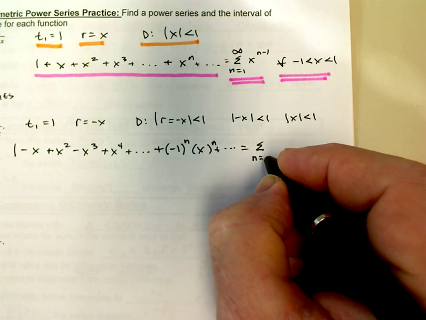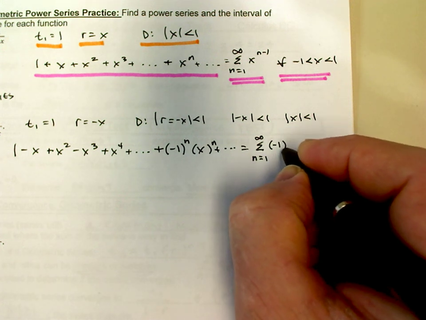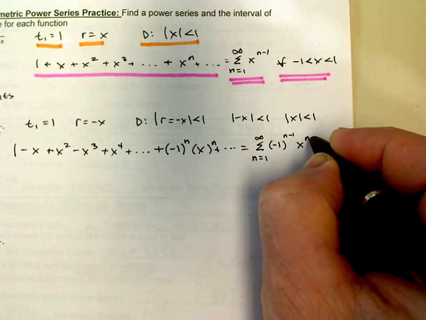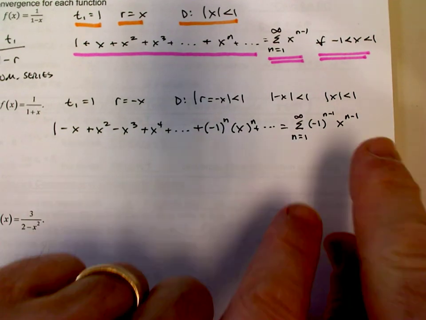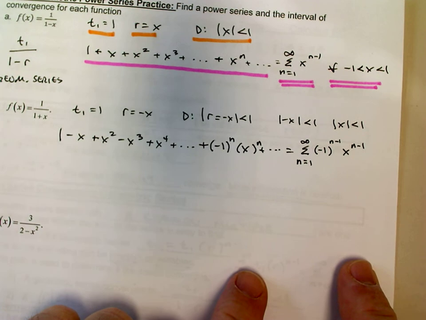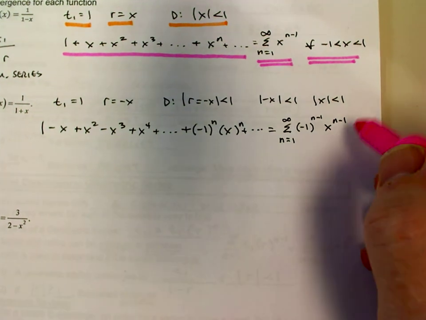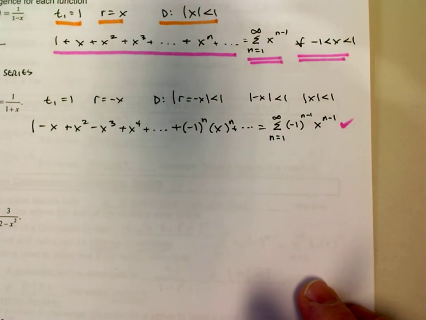N equals 1 to infinity of -1 to the n minus 1 times x to the n minus 1. Okay. Now, before you just skip ahead in the video, I want to make sure that you have a good little check in your brain and you say, okay, let me make sure this works.